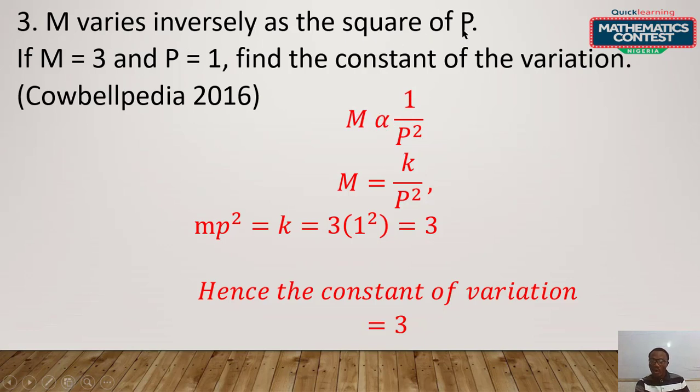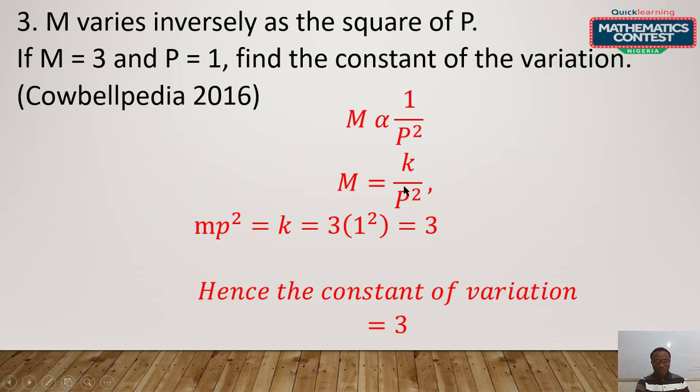Now this is square of p, I'll put p squared. If it were to be cube of p, it would have been p cubed. If it were to be square root of p, it should have been square root of p, as simple as that. So the emphasis I want to lay here is whenever you hear inversely, just put 1 over the next term mentioned.